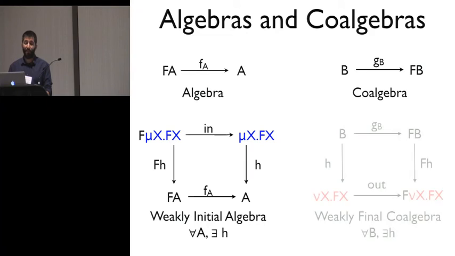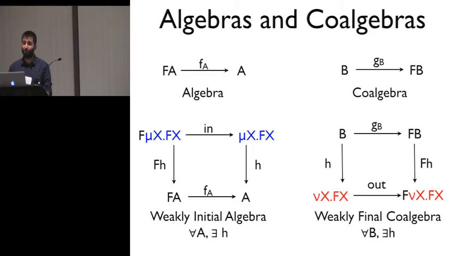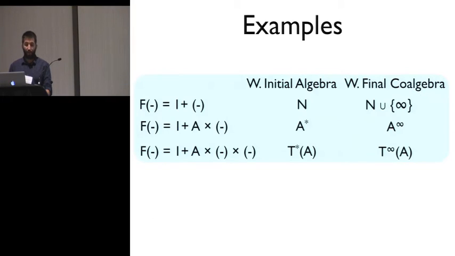And we have a similar notion for coalgebras, where we have a weakly final coalgebra that I denote by this notation, nu X F of X. And I now require the existence of a homomorphism from every other coalgebra to this coalgebra. Okay, why are these interesting?